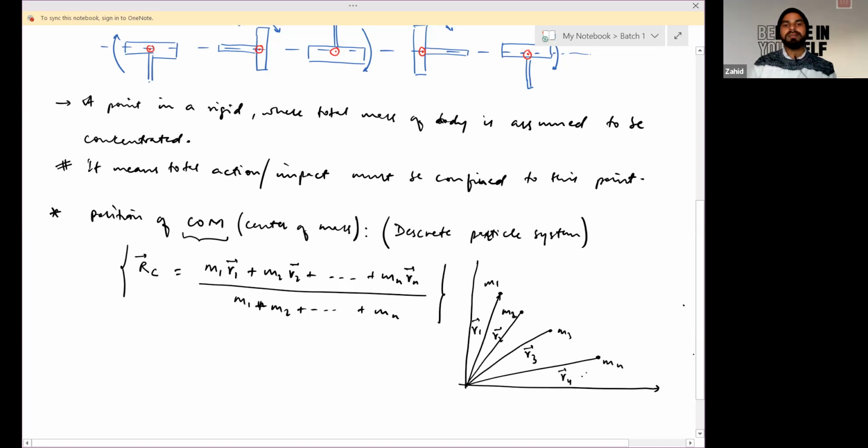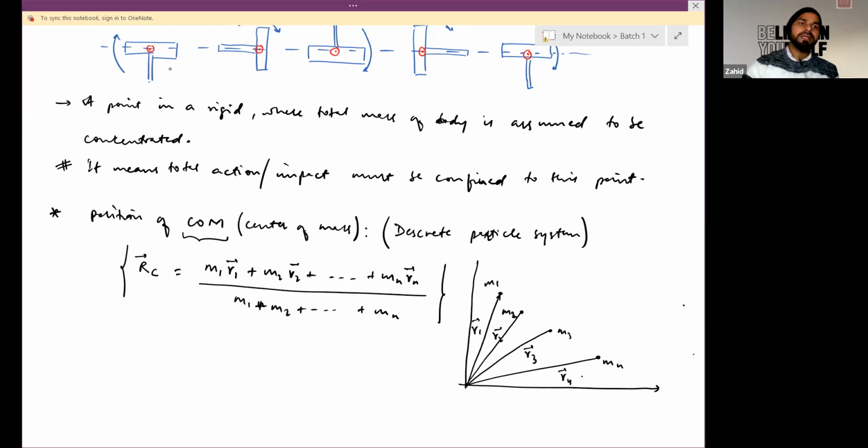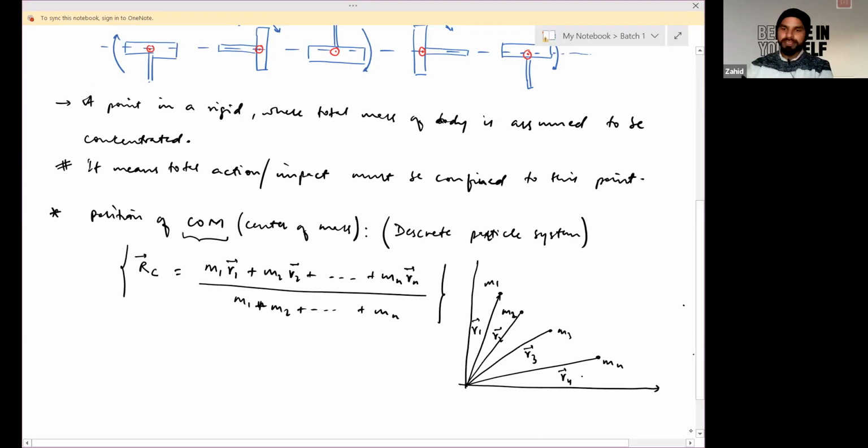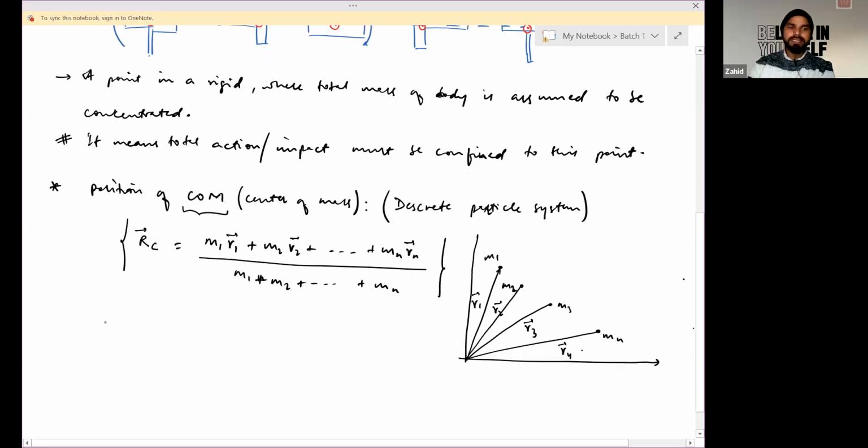Yes, sir. Now we may differentiate this position vector into x, y, and z components. We may write x center of mass equals m1 x1 plus m2 x2 plus so on to mn xn, divided by m1 plus m2 plus so on to mn.